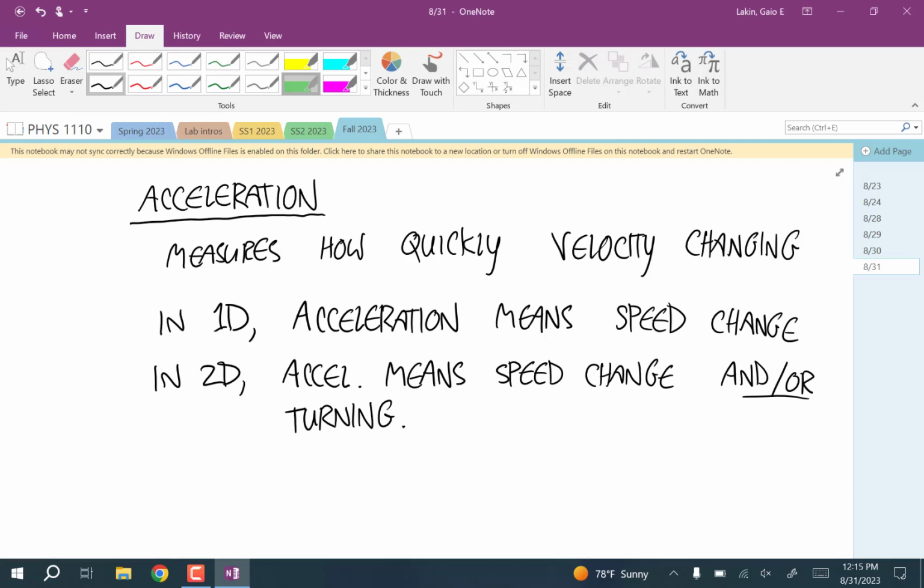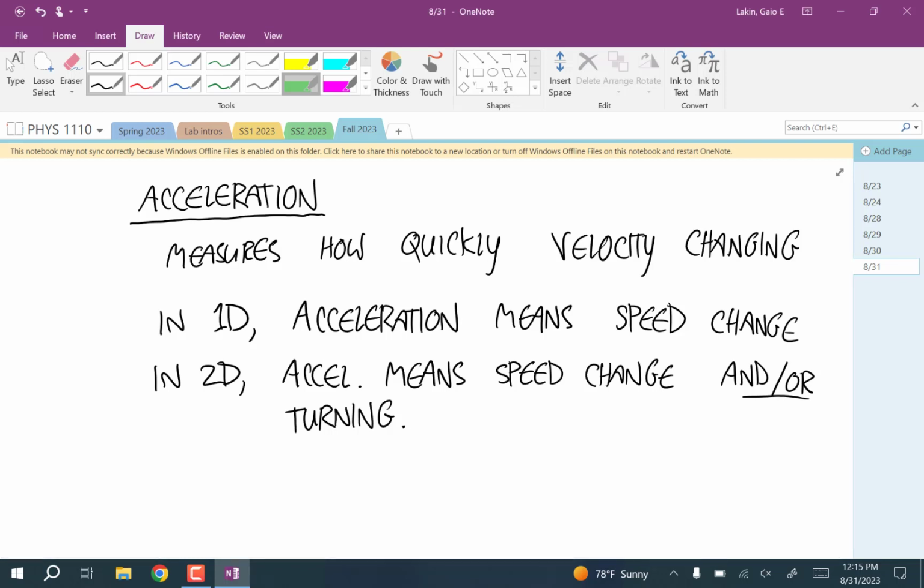So you can have a big acceleration in 2D even if the speed is constant. And you know the feeling of being in a car trying to hold a constant speed as you go around a turn, and you're pulling to the side. That's an acceleration that you're feeling even though the speed of the car is staying constant.